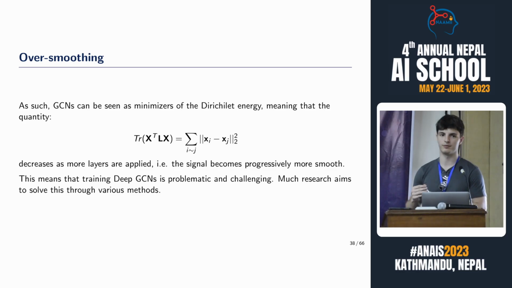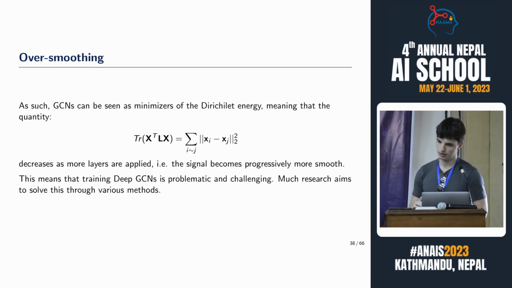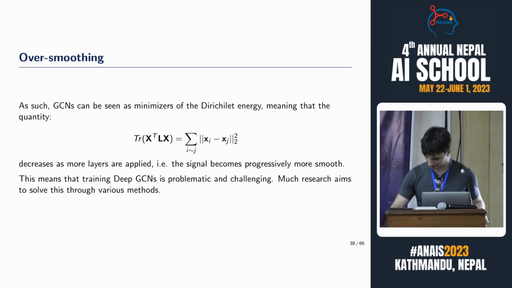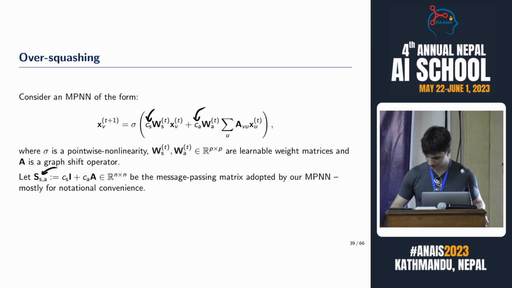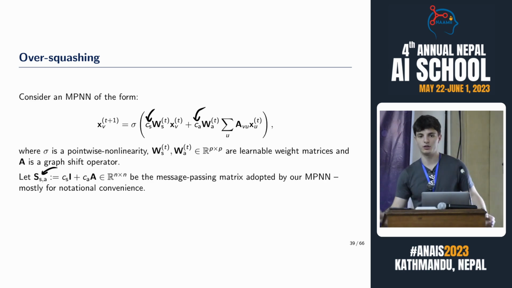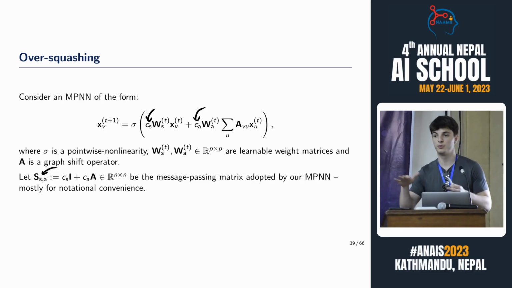People have found some solutions, but the basic standard graph convolutional network won't work deep, with some asterisks there because it depends on the eigenvalues of the weight matrix. So this is one problem. This is over smoothing: the fact that the node signal, as we go deeper, becomes smooth.